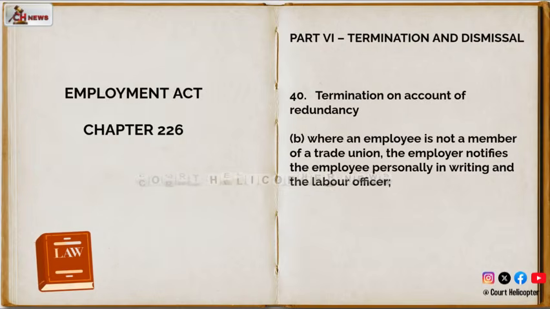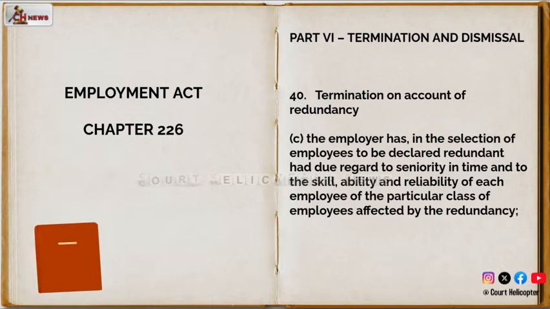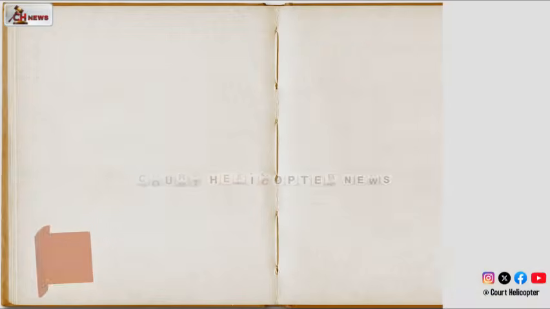2, if the employee is not a member of a trade union, trade unions are like COTU, like KNUT, like KUPPET, like all those trade unions, the employer must notify the employee personally in writing and also serve a notice to the labor officer. 3, the criteria to determine who goes in redundancy is clearly provided in Section 40, subsection C. What does it say?